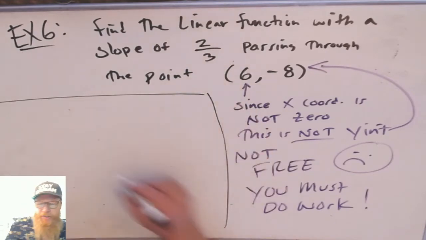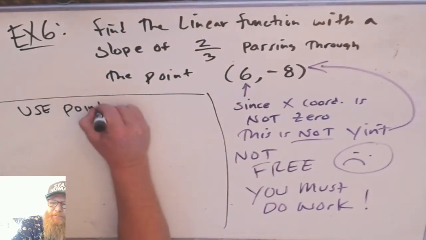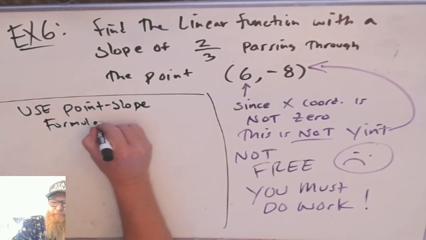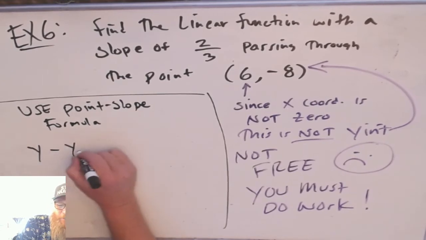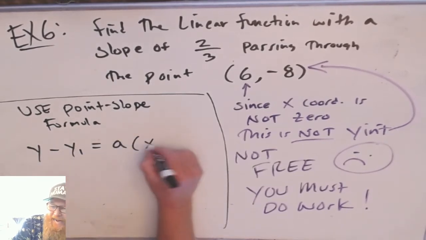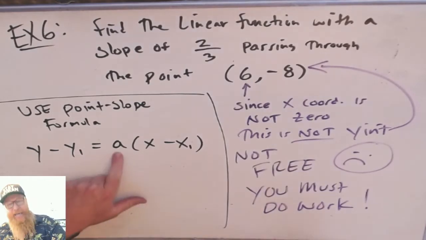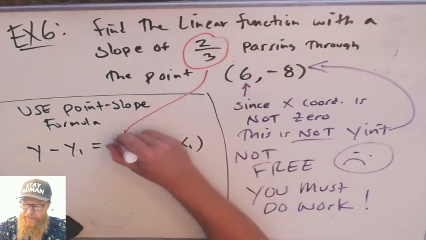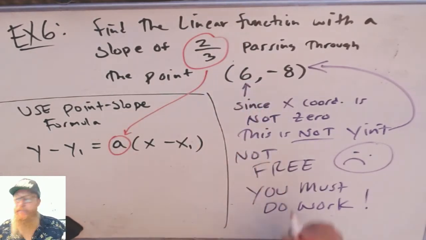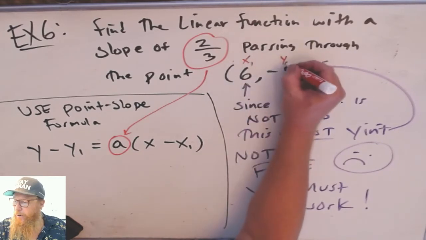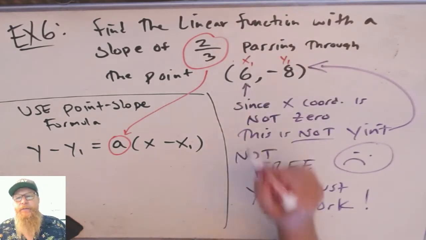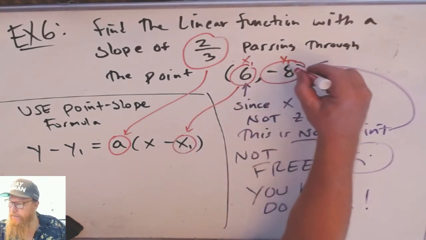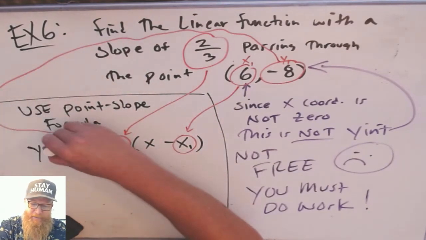So for this problem, we're going to use what's called the point slope formula. Remember this from chapter 2, y minus y1 equals a times x minus x1. And again, some folks use m instead of a. So the slope is a, previously known as m. The point is x1 and y1. So 6 is going to go here, and -8 is going to go way over here on this side.